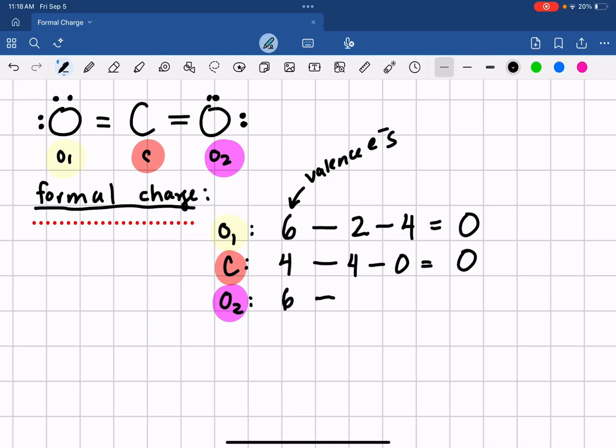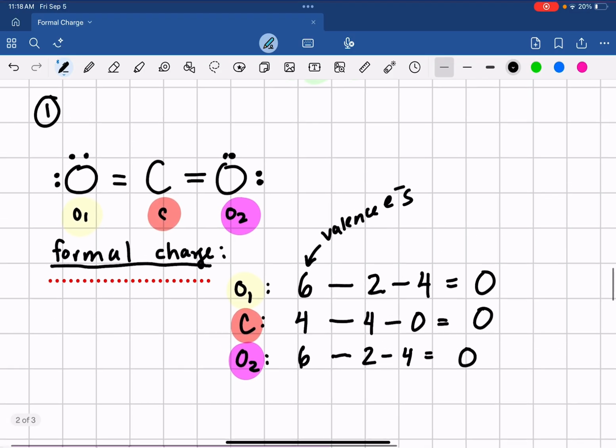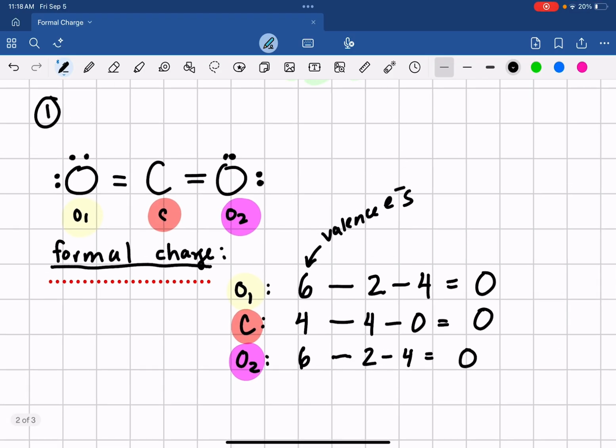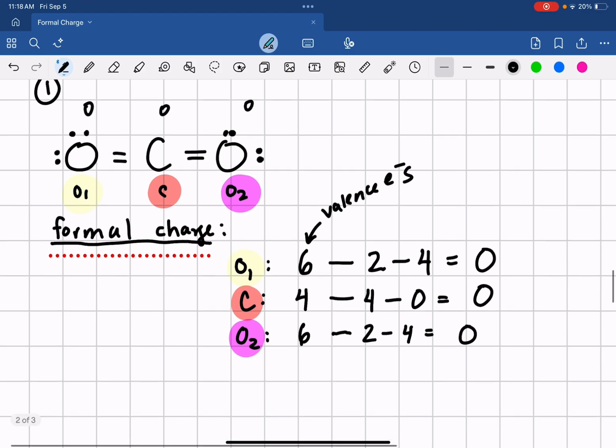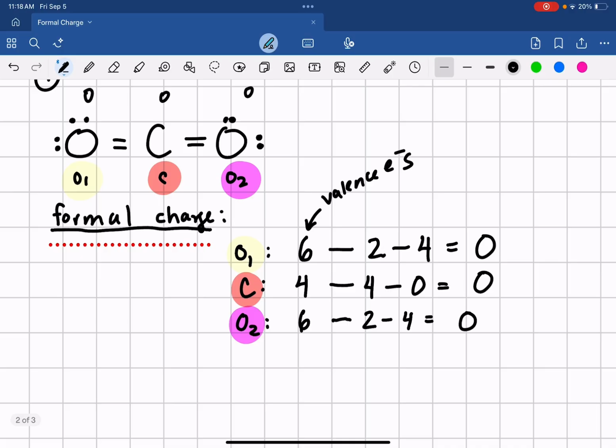Let's plug that in. 6 minus 2 minus 4 gives me 0. So the overall formal charge for carbon dioxide is 0. This is 0, this is 0, and this is 0. That's very stable because the electrons are distributed evenly.